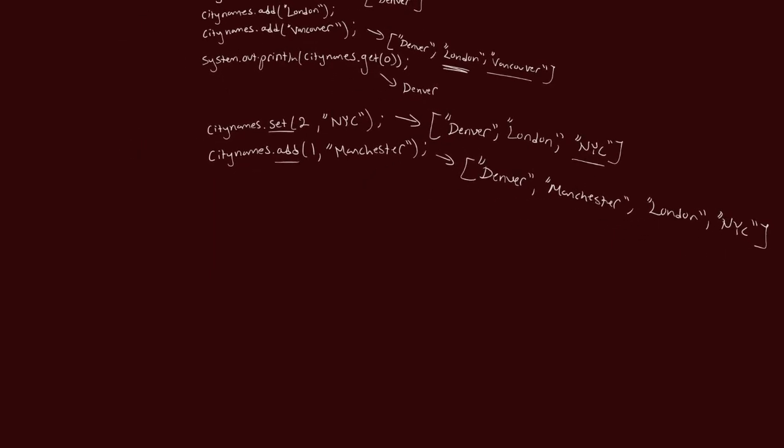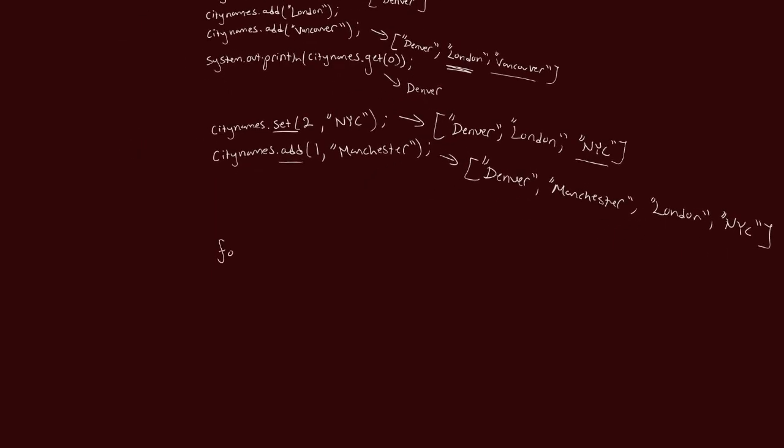And now you can print this out. You could use a regular for loop and do the following: int i equals 0, i has to be less than cityNames.